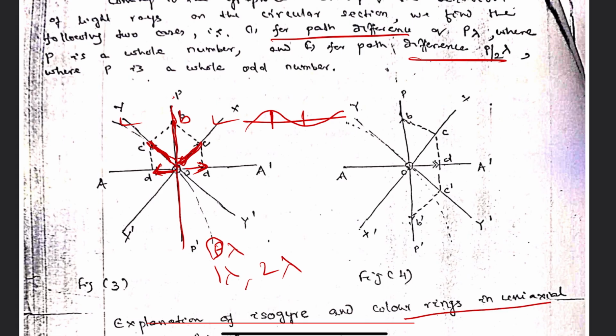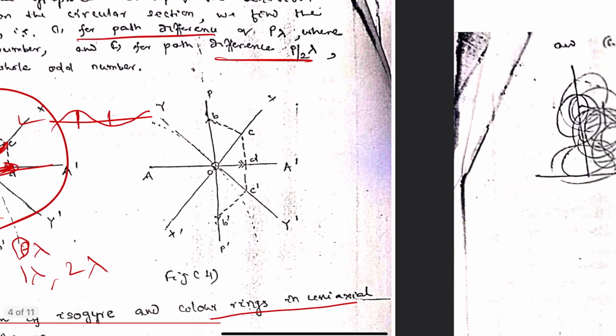So this has the component along another vibration like this. This has the component along another direction like this. So these two act oppositely and cancel each other, darkness results. This is the case of n lambda.